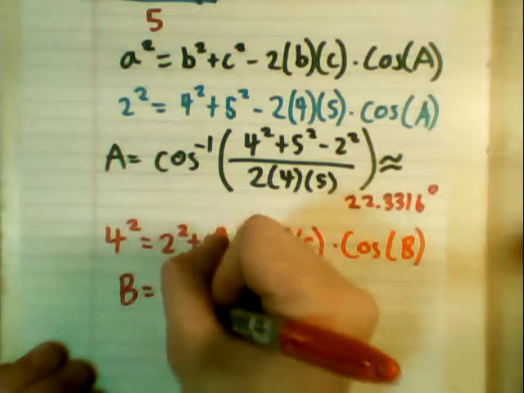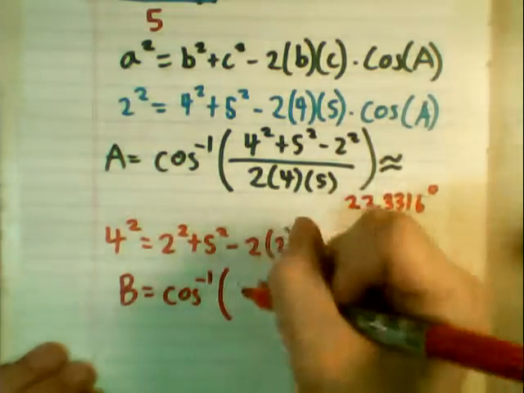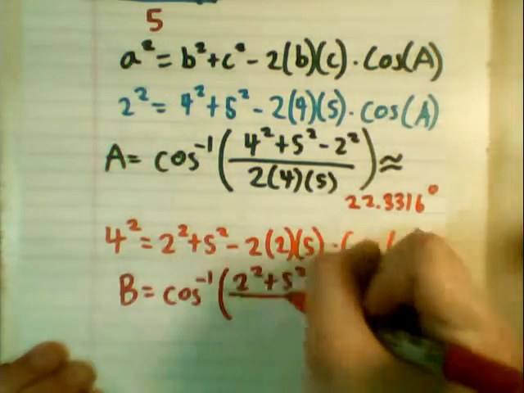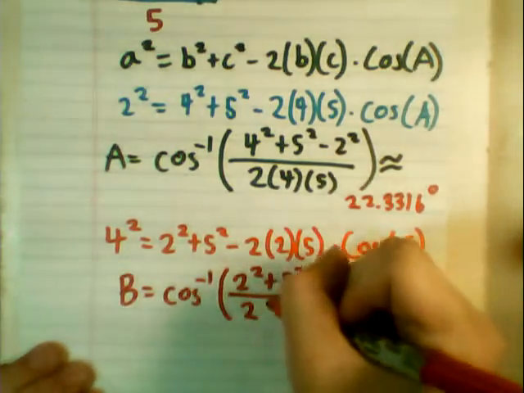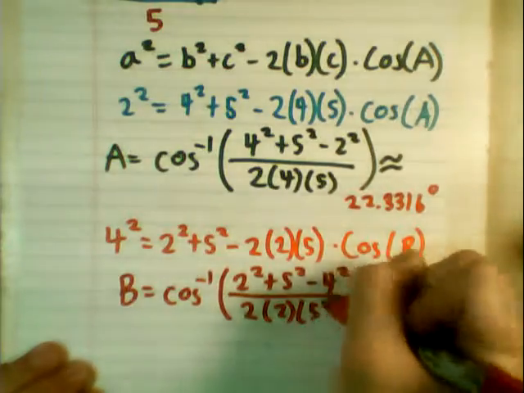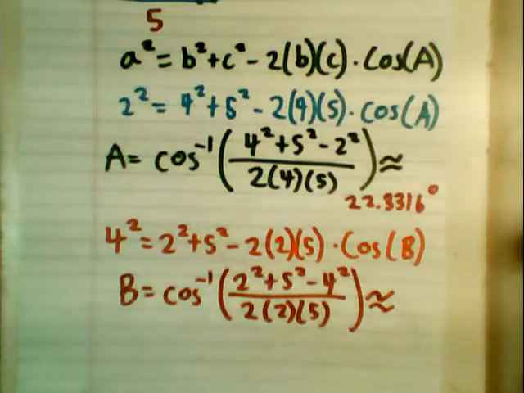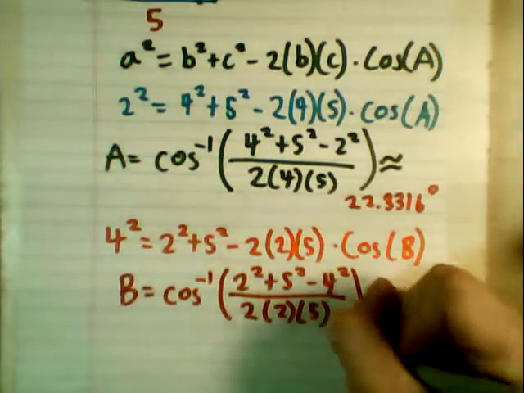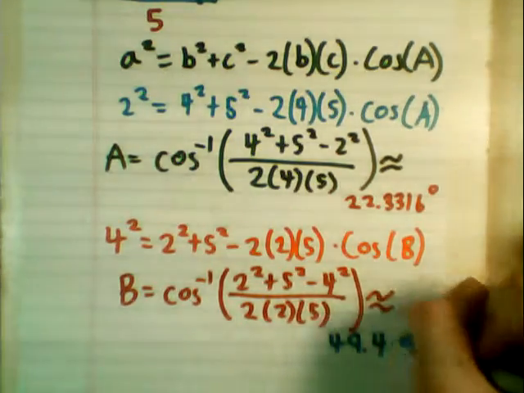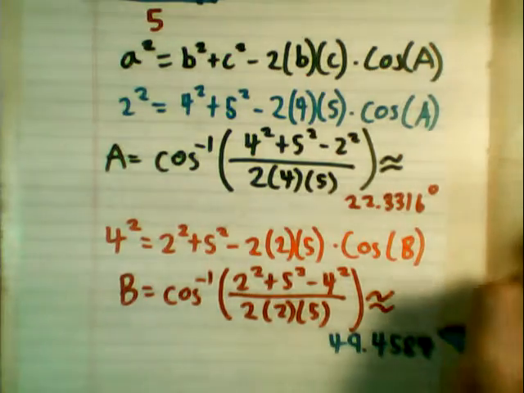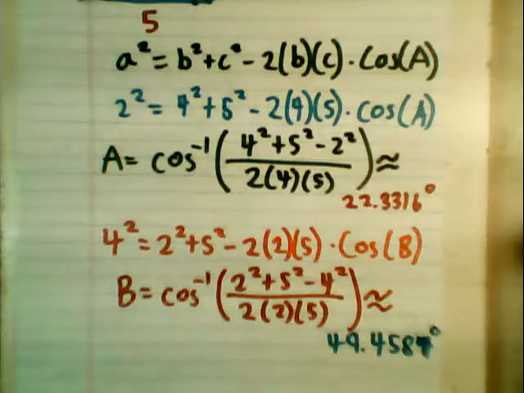Capital B equals cos inverse of 2 squared plus 5 squared minus 4 squared divided by 2 times 2 times 5. When you plug that into the calculator, you should get 49.4 degrees. Make sure to round that to however many decimal places.